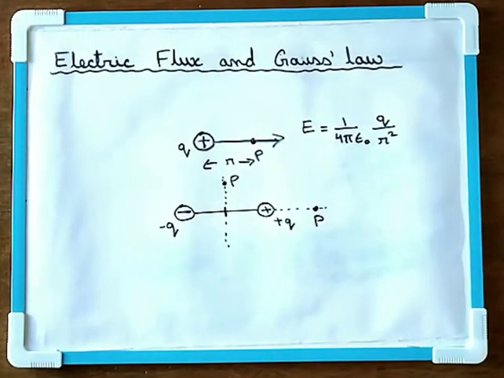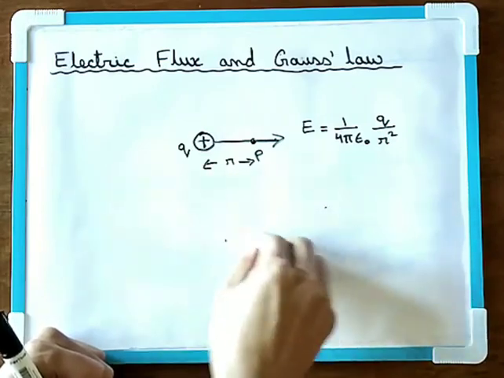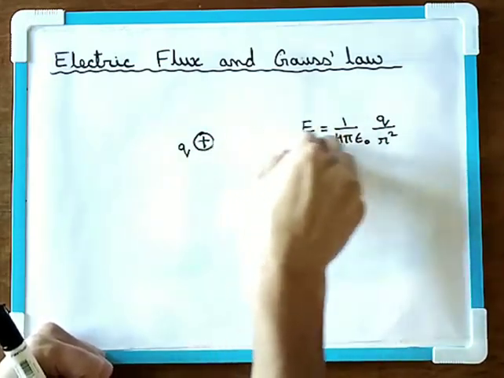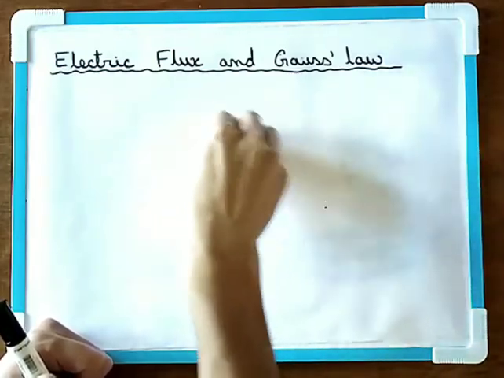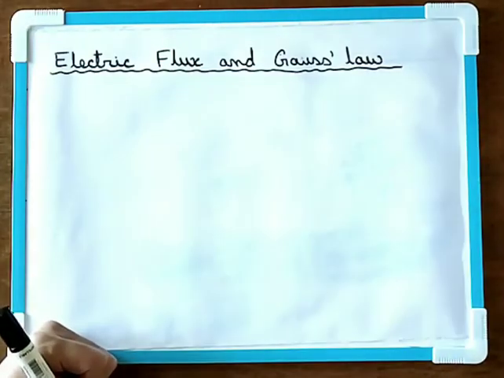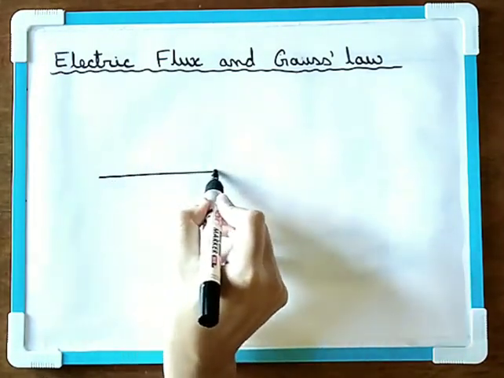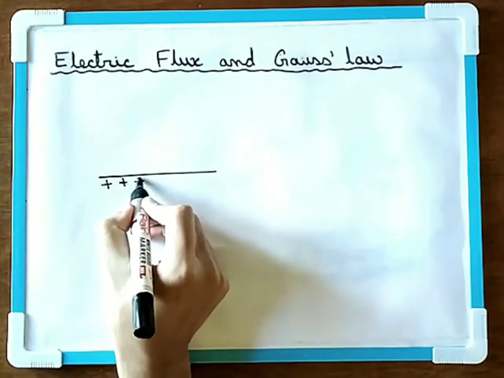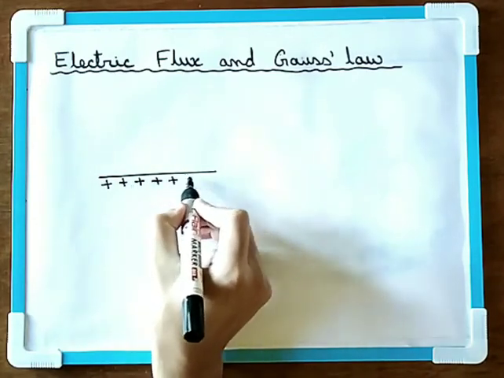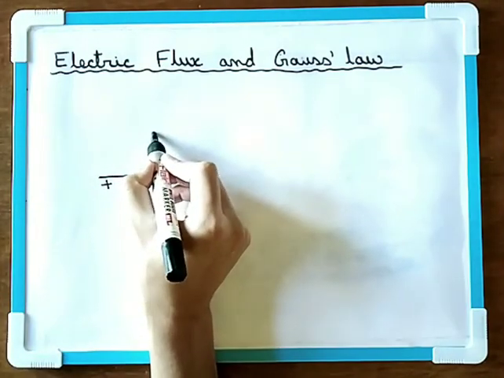But what happens if we have a charge distribution, not just a point charge, but if the charge is distributed along a wire or along a line or across a surface? So what if we have this charge distribution here? Let's say this is a wire, and let's say these charges are distributed along the wire. Then what will be the electric field intensity at this point P?